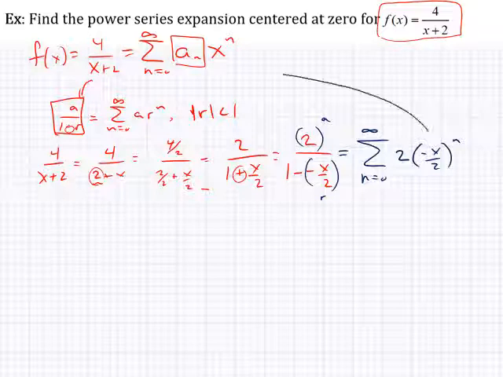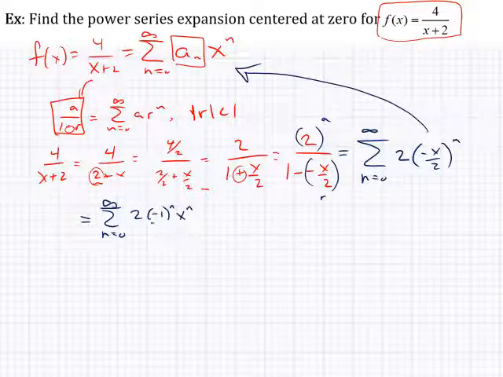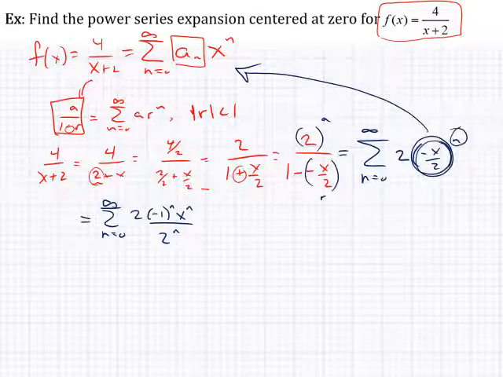Now to make this look a little bit more like that, I'm going to mess around with it. So I would have the sum of n equals 0 to infinity of 2 times negative 1 to the n, x to the n over 2 to the n. Essentially, I'm just going to raise everything in here to the nth power. So that means the negative, the x, and the 2. I can bring this 2 to the denominator.